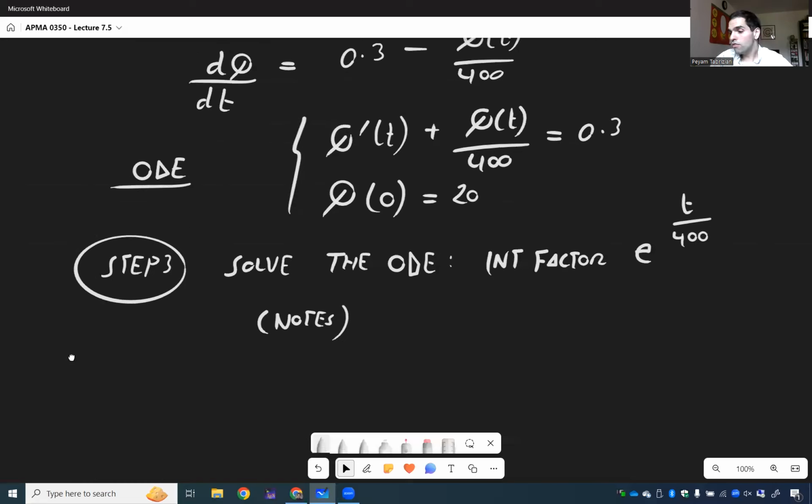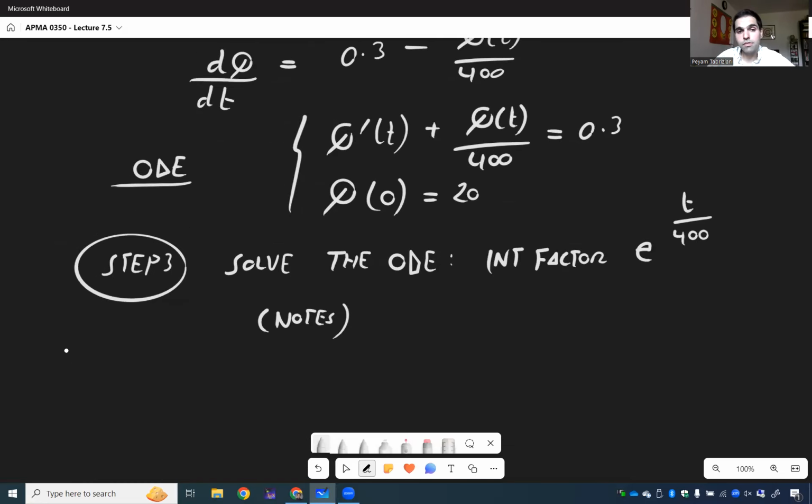If you solve this differential equation, similarly to the falling ball problem, you find Q(t) equals 120 minus 100 e to the minus t over 400.